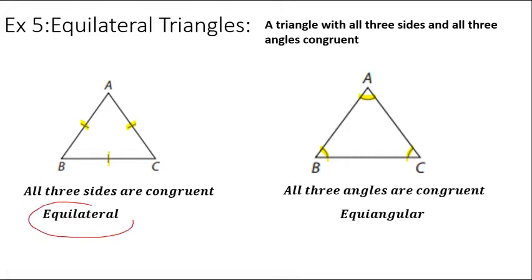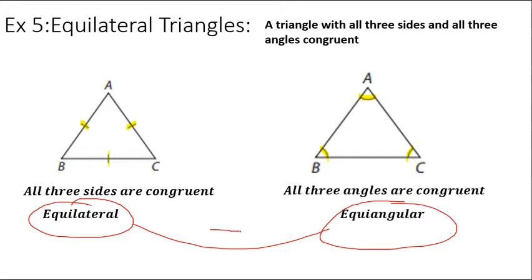These two words, we think of them as being the same: equilateral and equiangular. If all three angles are congruent, that means all three sides are congruent. And if all three sides are congruent, it also means all three angles are congruent.